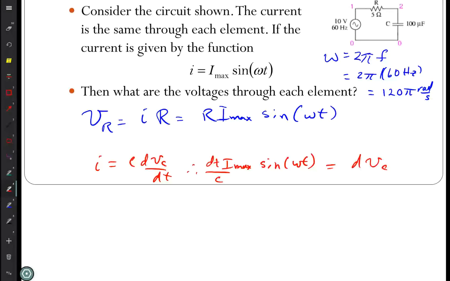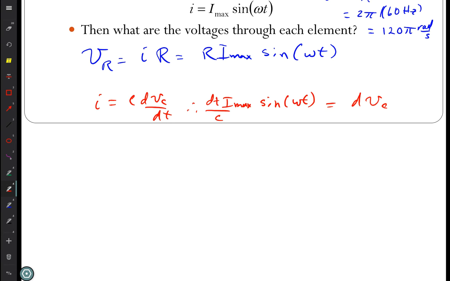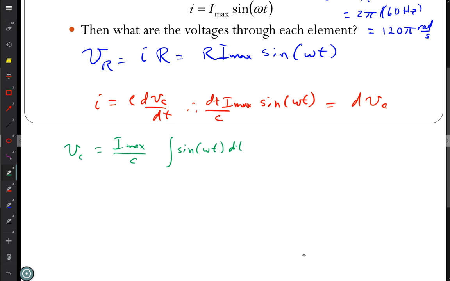I've separated variables. And now the right side is only a function of voltage. The left side is only a function of time. I can integrate the two independently and it still has to be correct. So I'm going to switch the sides. Integrating these, I'm going to have Vc is equal to I max was a constant over C was a constant, integral of sine of omega t dt.